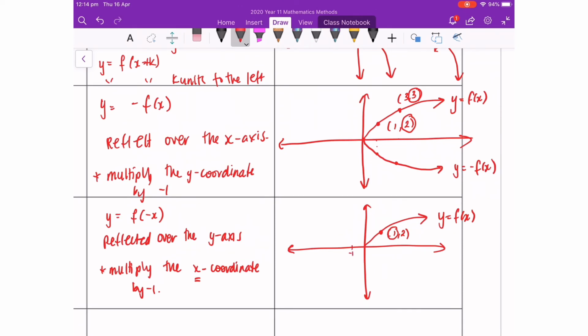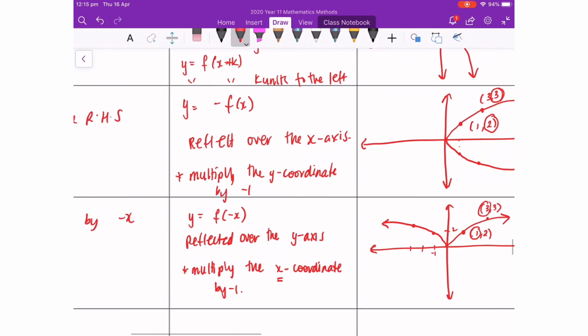So it's -1, up 2. That becomes my first point. Then if that was 3, 3, I'm going to go across back to -3 instead, so it's -3, up 3. That'll be my next point. And then I can use that method to help me correctly reflect it over the y-axis.